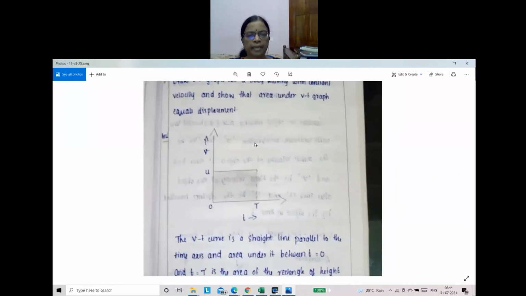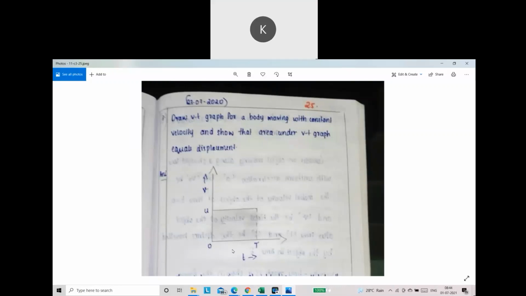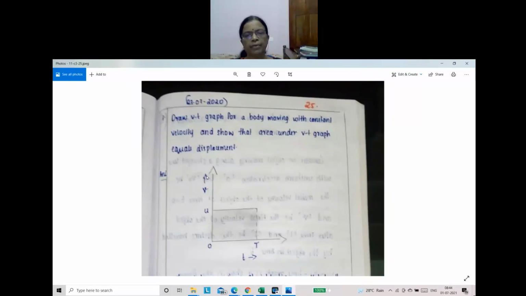Next, what type of motion is this, children? Tell from the graph. This is a velocity time graph. First you have to look at what is written: x-axis time, y-axis velocity, and at a particular value one straight line is drawn. That is our graph.